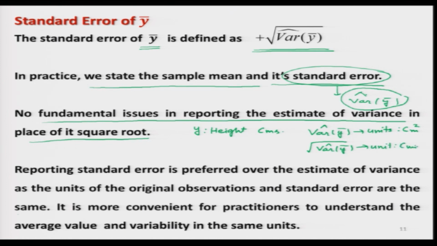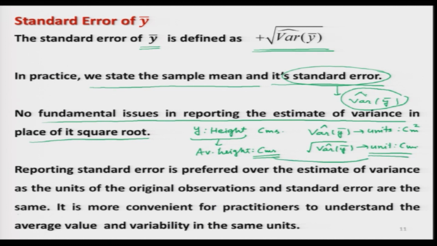So now, when you are trying to report the average height, right, then this average height will also have units in centimeters. So now you can see that the details of the height in terms of its average value are in centimeters, as well as the variability is also in terms of centimeters.